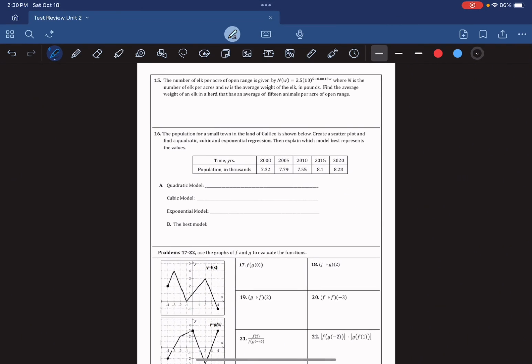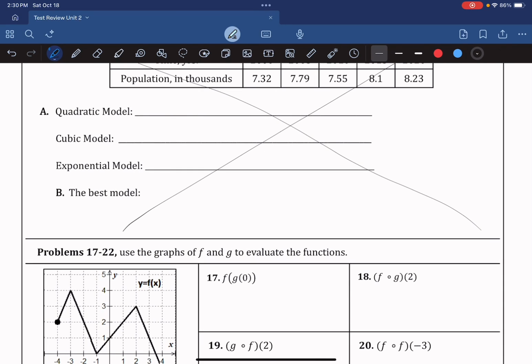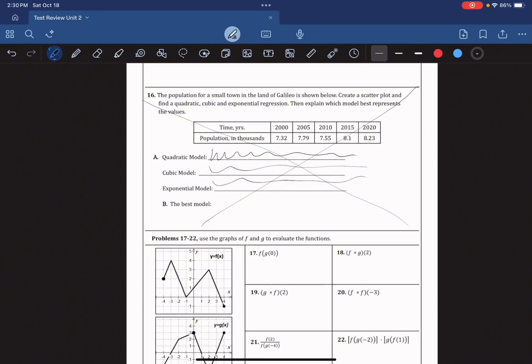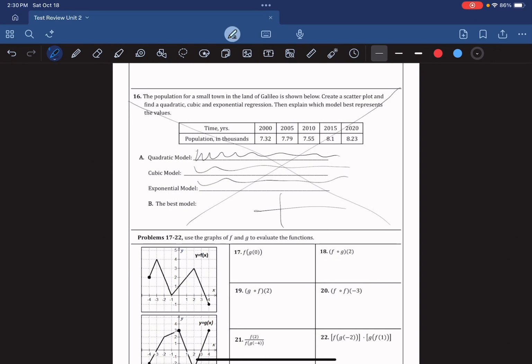Alright, so we're going to skip this question because it's just using regression models. And all you really need to know is that you plug it into your Desmos or your graphing calculator, and it gives you your model. And the best model is the model where, if you look at the residual plot, there is no clear pattern at all.